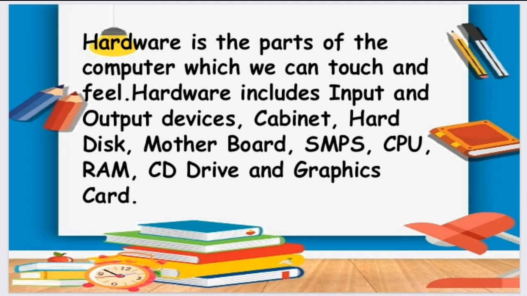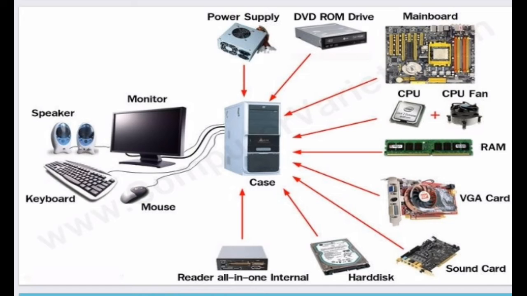CPU. CPU means central processing unit. Next, RAM. RAM means random access memory. CD drive. CD is nothing but compact disc, and graphics card. So children, these are the examples of hardware.